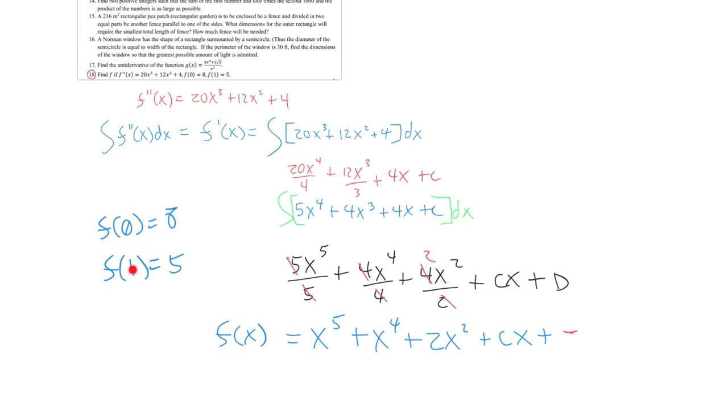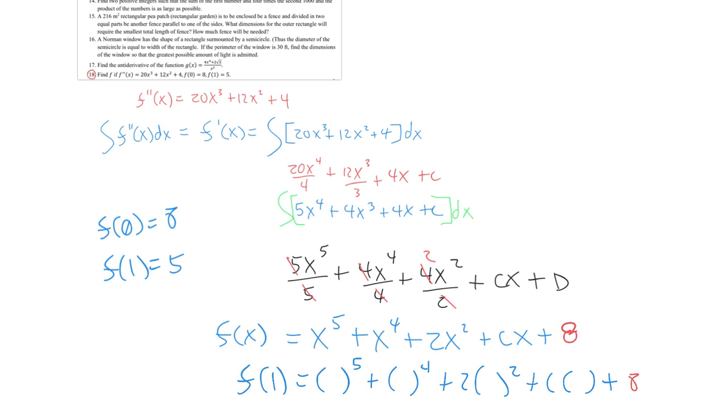Now they also say that when x is 1, the function equals 5. So in other words, it should be the case that f of 1 certainly equals this, plus c times, and then I got rid of that 8 by accident. There should be an 8 there. And that whole thing equals 5, and we would have 1 everywhere here.